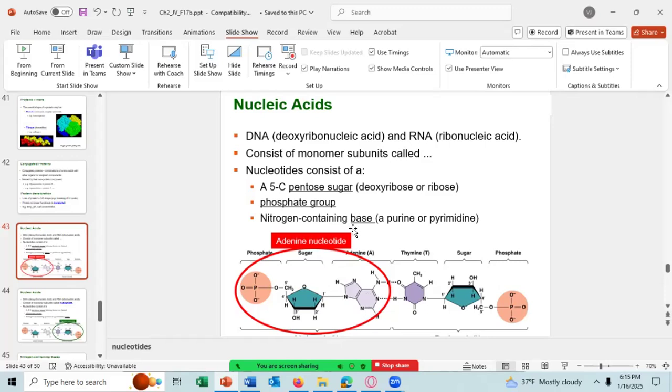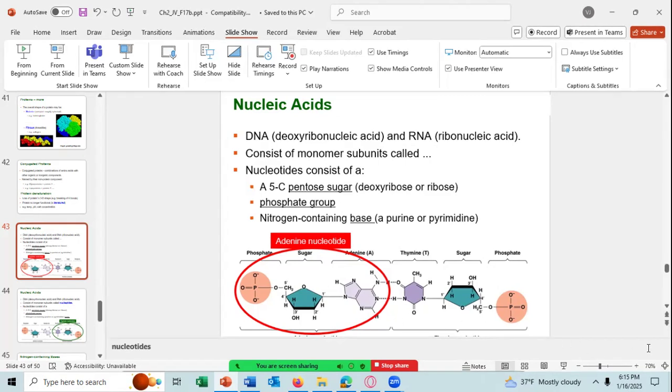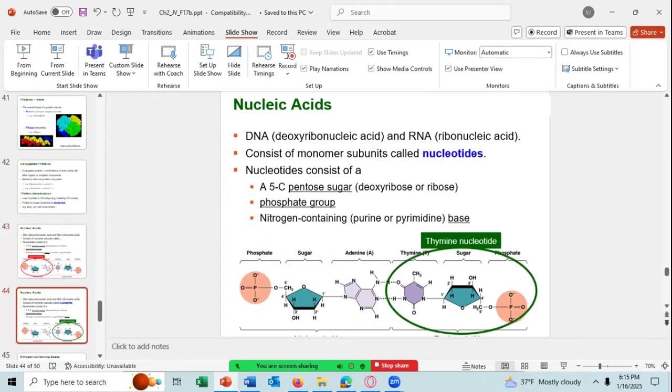And each nucleic acid, either DNA and RNA, is composed of monomers that we call nucleotides. DNA has 4 monomers, and RNA has 4 monomers. So DNA is only made up of 4 monomers. RNA is only made up of 4 monomers.